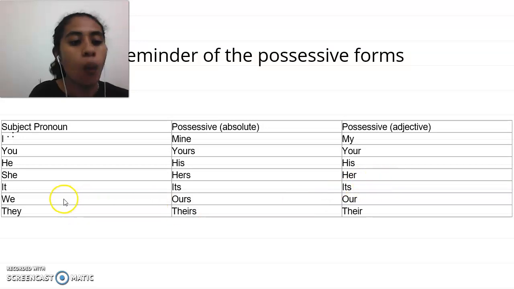When the subject pronoun is we, the possessive absolute is ours and the possessive adjective is our. And the last is when the subject pronoun is they, the possessive absolute is theirs and the possessive adjective is their.